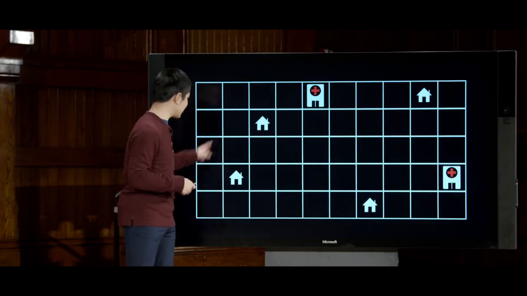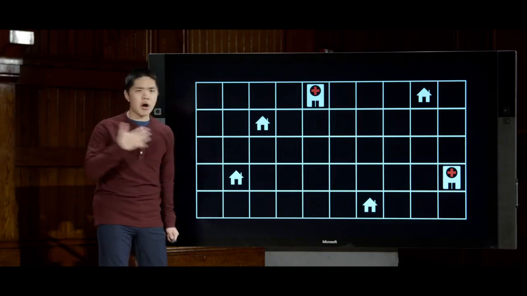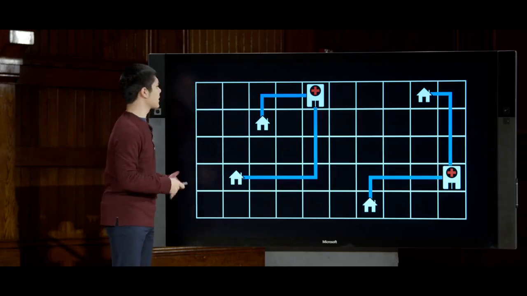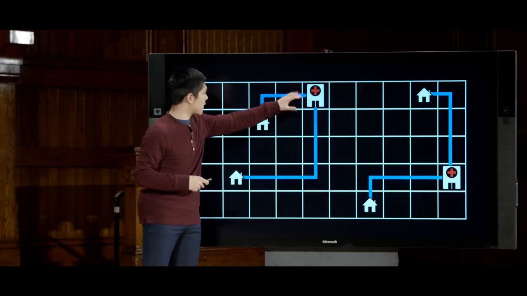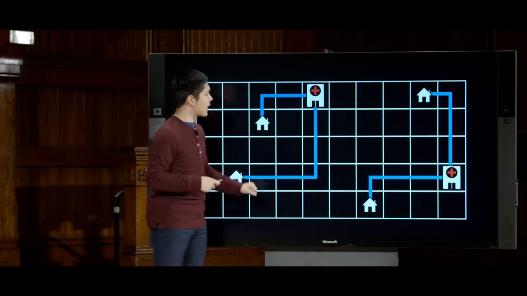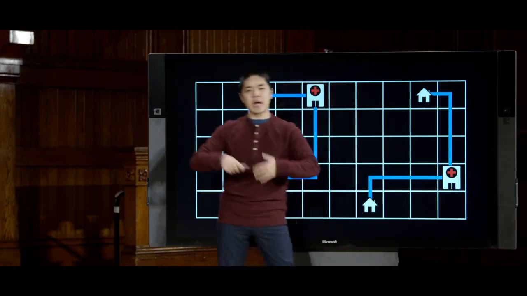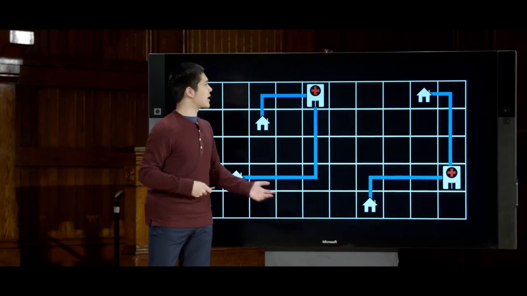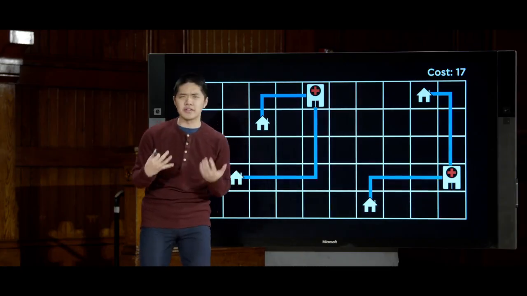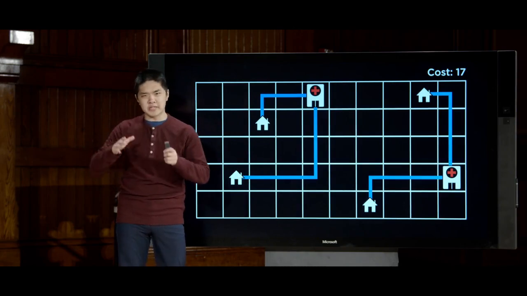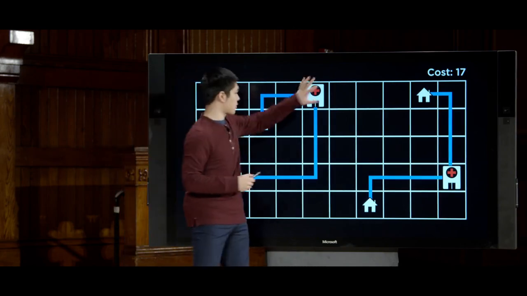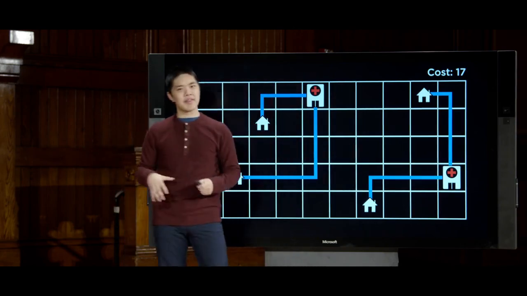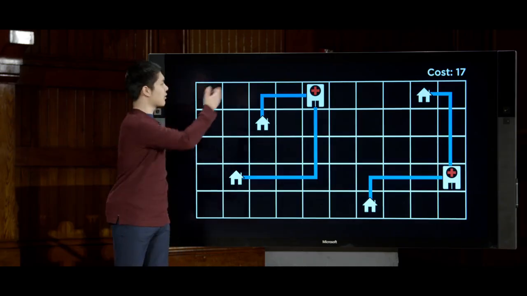And it turns out if you take each of these four houses and figure out, all right, how close are they to their nearest hospital, you get something like this, where this house is 3 away from a hospital, this house is 6 away, these two houses are each 4 away. And if you add all those numbers up together, you get a total cost of 17, for example. So for this particular configuration of hospitals, a hospital here and a hospital there, that state, we might say, has a cost of 17.